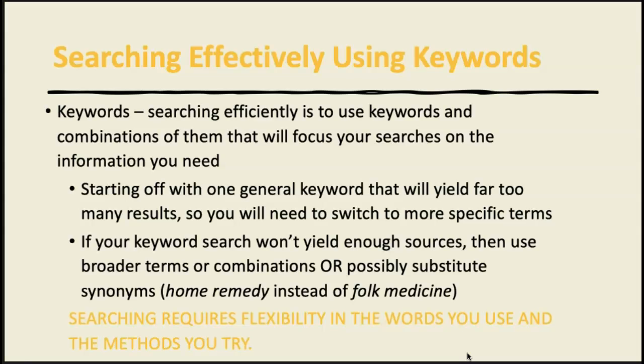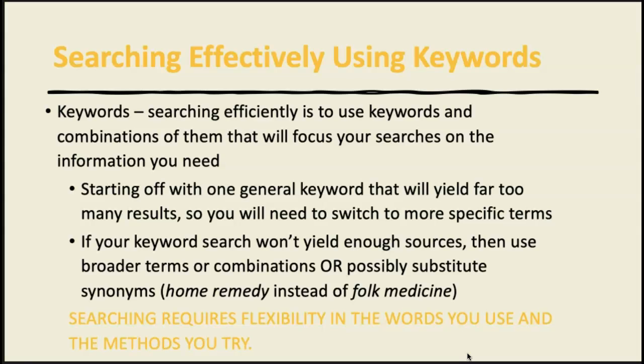You can start off with just one general keyword that might yield far too many results, so you'll need to switch to more specific terms or add in some extra keywords to that search. If your keyword search won't yield enough sources or what you get isn't what you're looking for, then use broader terms. Maybe you have limited your search a little too much. Try combinations of keywords or possibly substitute synonyms.